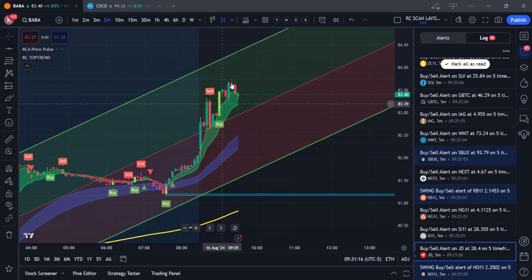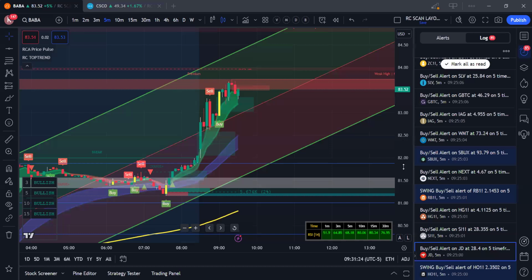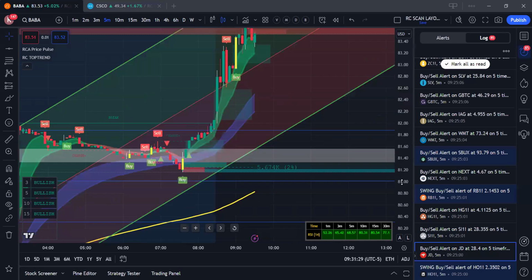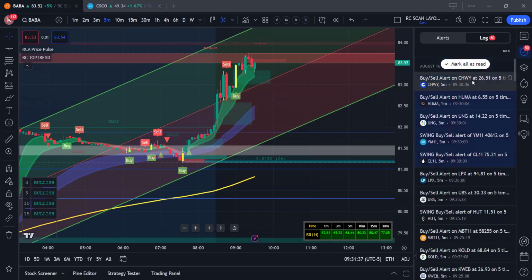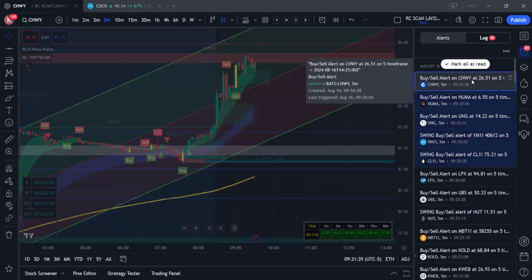We don't want to buy at the top. If it comes a little bit down and touches this swing cloud, and if we get a buy, we can enter the calls on Baba. So we are basically waiting for buy signals.